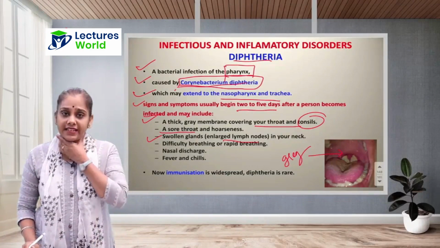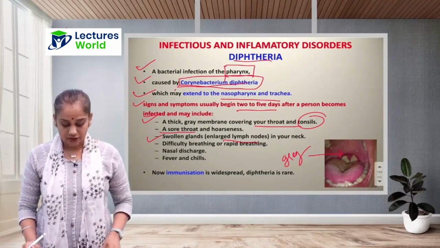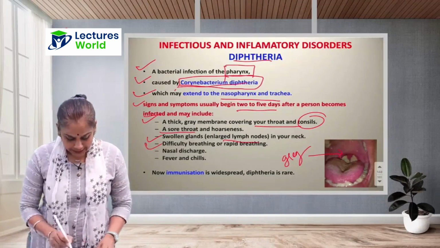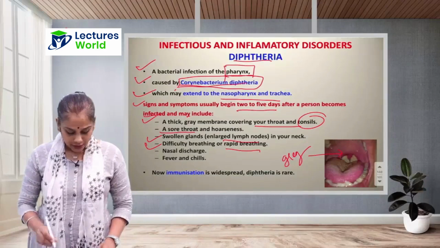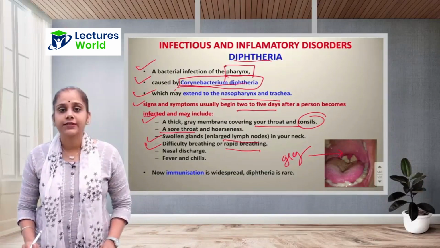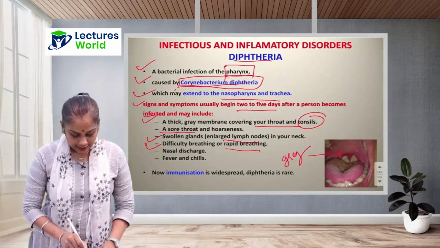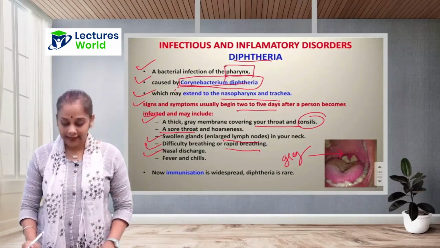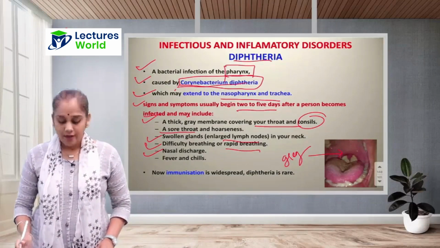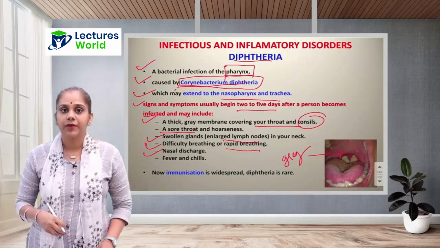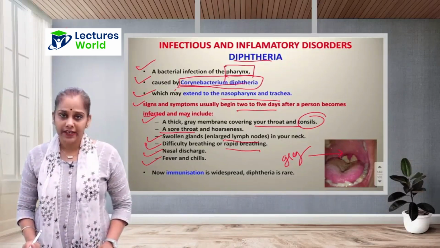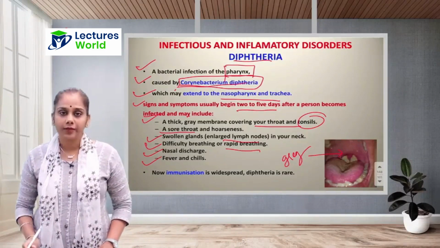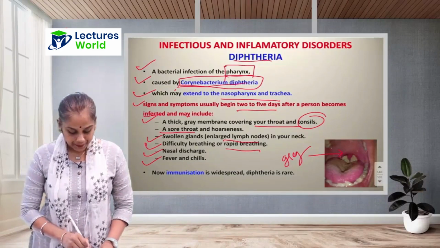Here the lymph nodes will be swollen or inflamed. There is difficulty in breathing as well as rapid breathing. Difficulty in breathing is known as dyspnea. Nasal discharge, some liquid that comes from the nose. Then fever and chills because of the infection. These are the common symptoms of diphtheria.